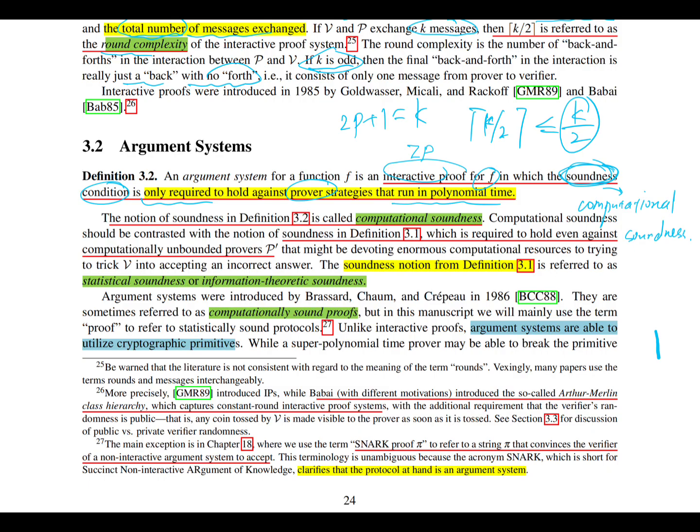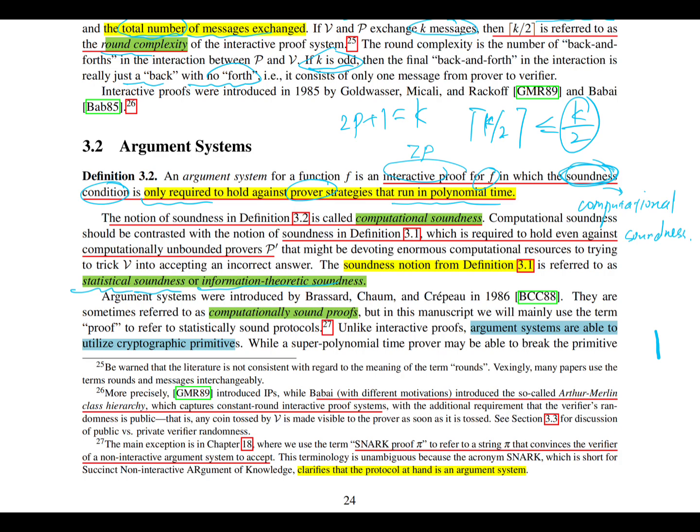It might be devoting enormous computational resources to trying to trick me into accepting an incorrect answer. So the cheating prover has endless resources to trick the verifier. It is also called statistical soundness or information theoretic soundness. This is just the name, which we just need to learn.